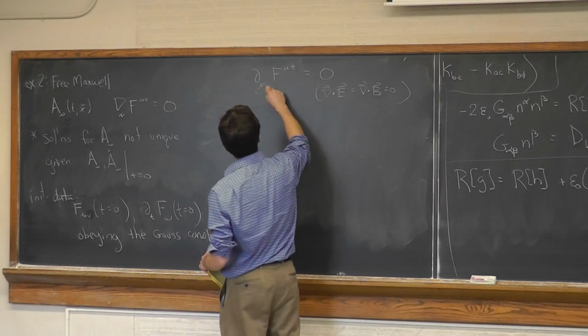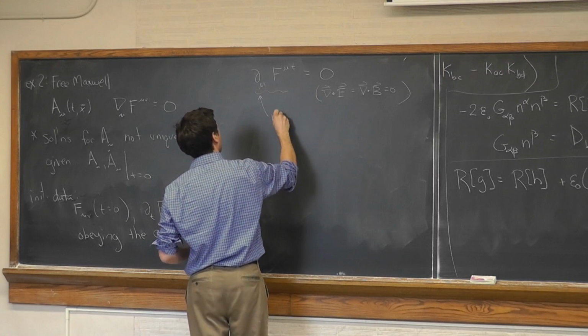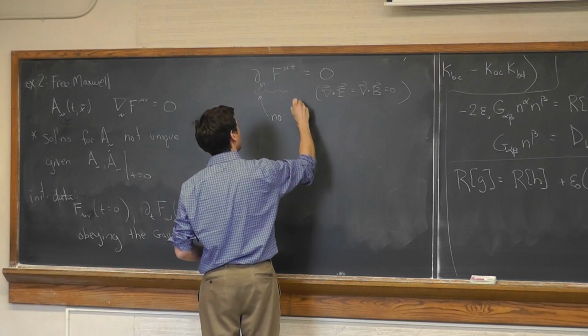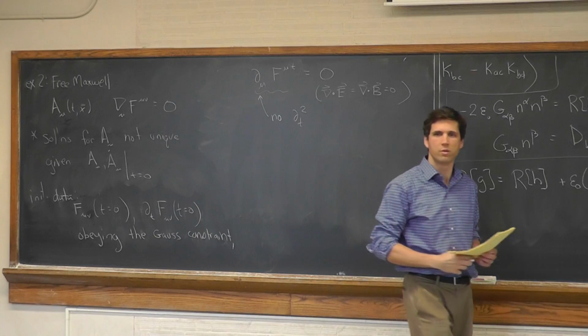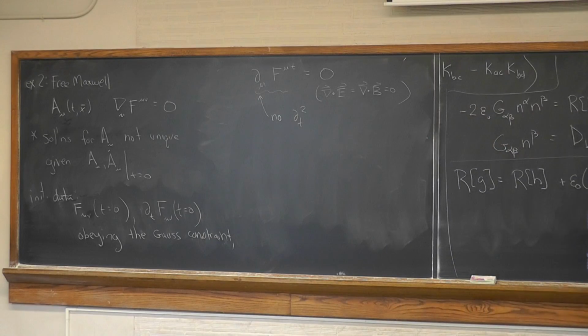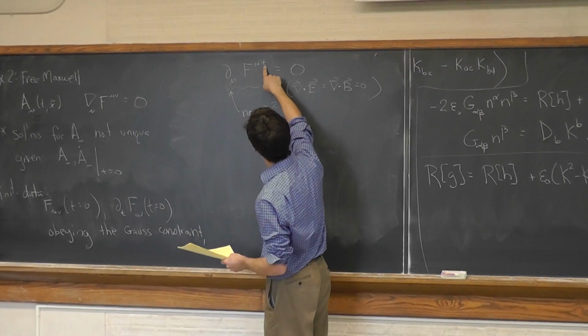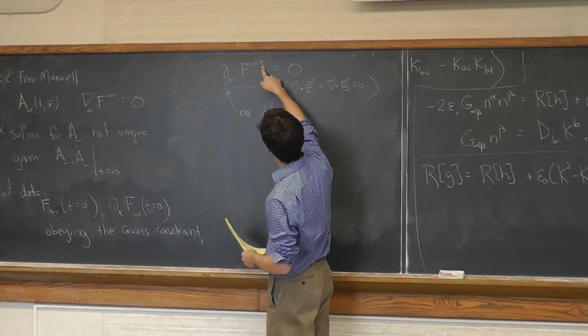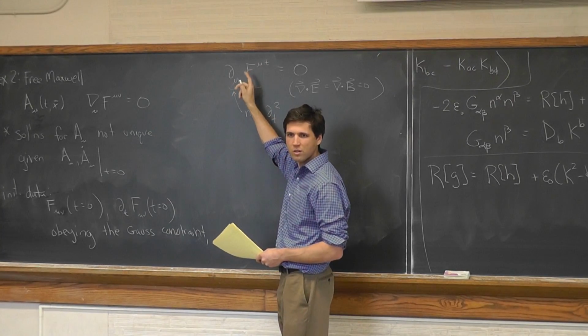So this is called the constraint, and you can tell it's a constraint because there's no second time derivatives in this component of the Maxwell equation. You can convince yourself of that: if there's a t here, then there can't be a t there because F^{μν} is antisymmetric.